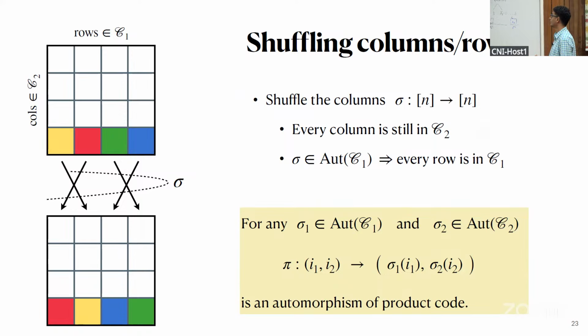So all that you need is that after the shuffling, every row which belongs to C1 continues to live in C1. That can be simply guaranteed by picking sigma from the automorphism group of C1. And then you are done. So that gives me automorphisms for this product code. Similarly, for shuffling rows, you make sure that sigma 2 comes from the automorphism group of C2. So all such permutations are automorphisms of the product code.